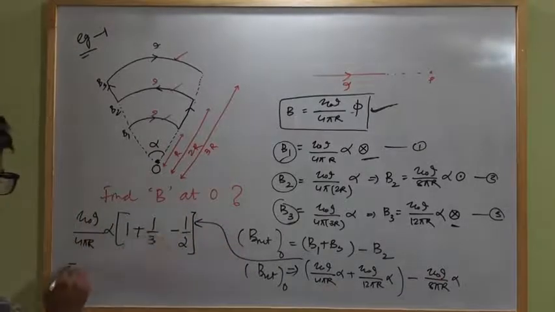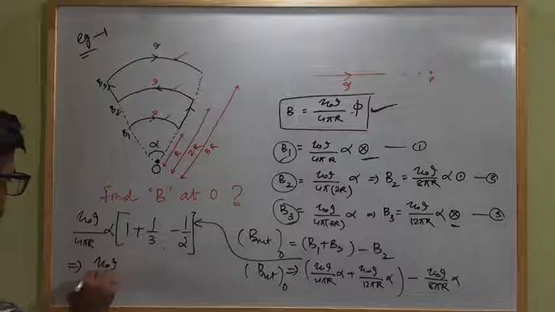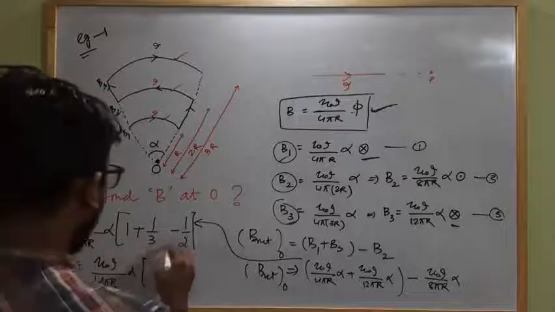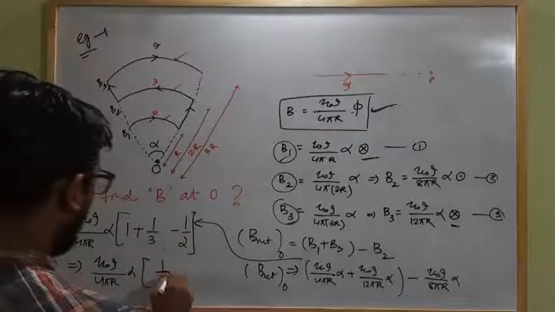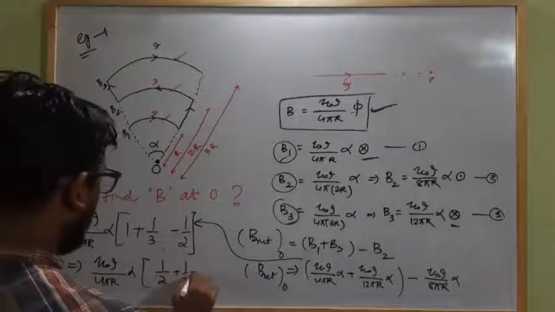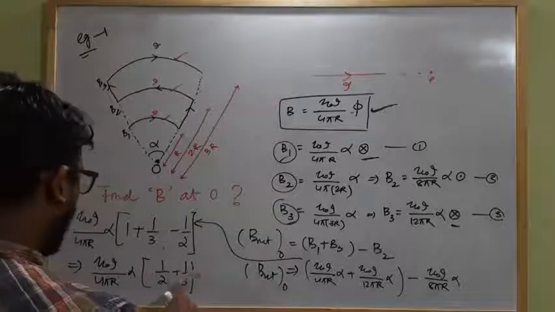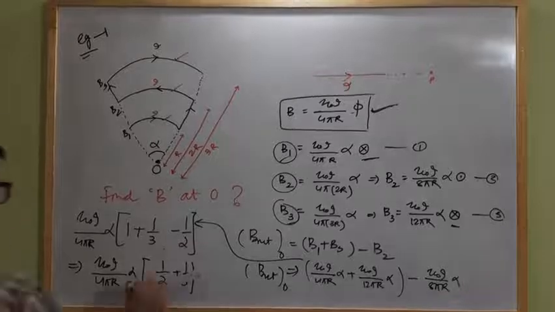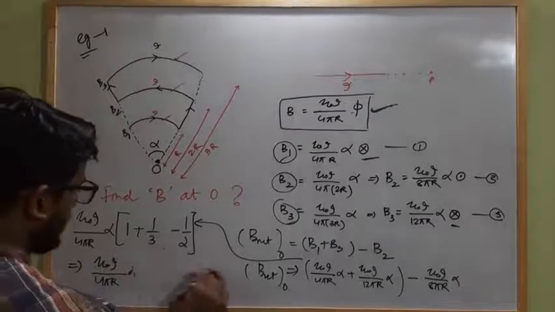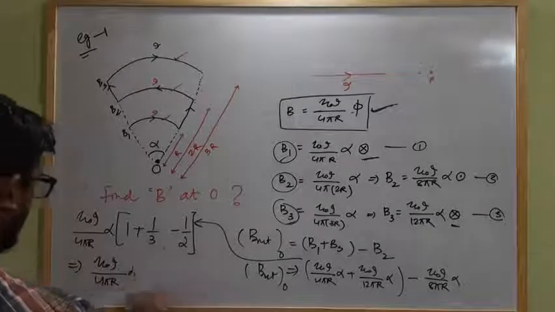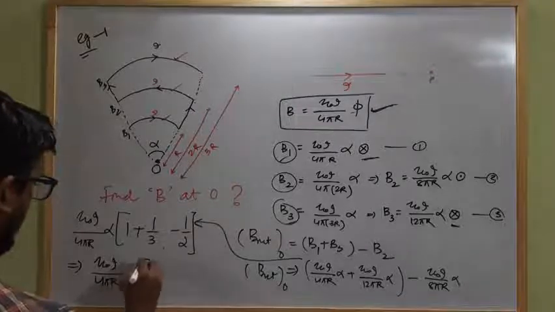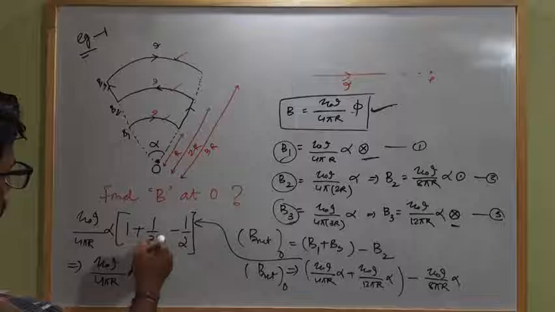So now the net magnetic field strength will be mu naught I divided by 4 pi r alpha into 1 by 2 plus 1 by 3.